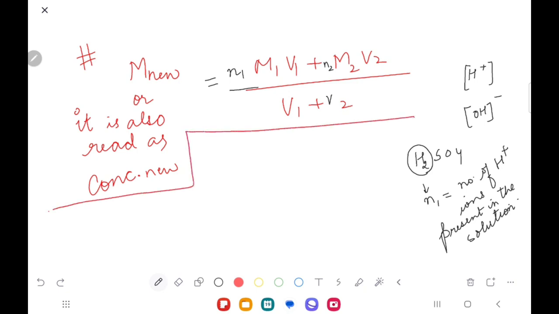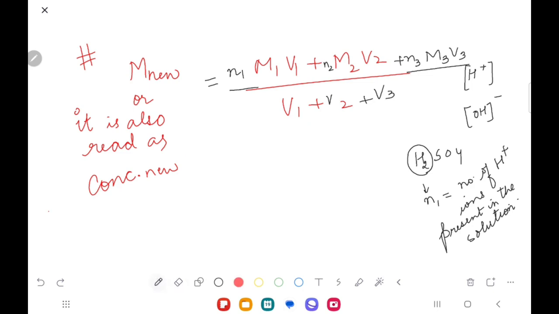Always remember, whenever you are mixing two substances, this formula can be elaborated up till 3, 4 and 5, as much as you feel. Do you understand my point? So this is the concept. So what exactly is the concept?